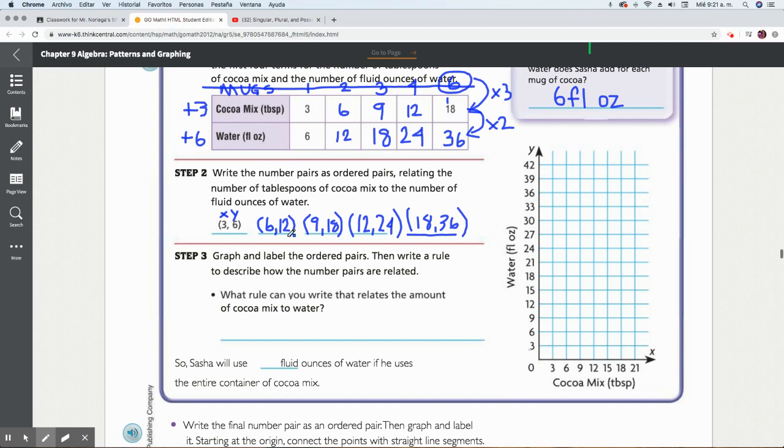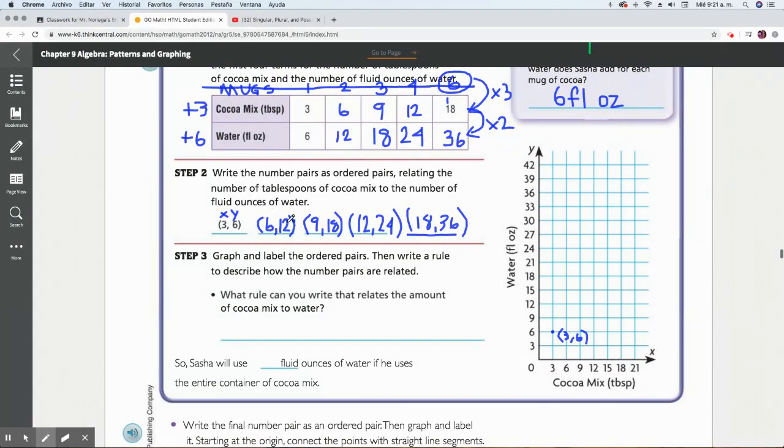I don't have to walk 3 steps, I just find the 3 because these numbers are going by 3s and these numbers on the y-axis are also going by 3s. So the 3 is right here and then the 6. I'm going to plot a point right there, and then label it using the ordered pair. So I'm going to write 3, comma 6.